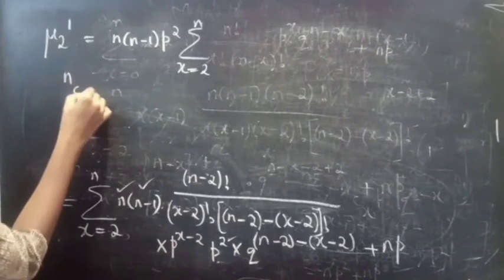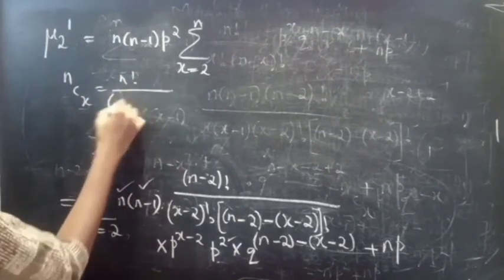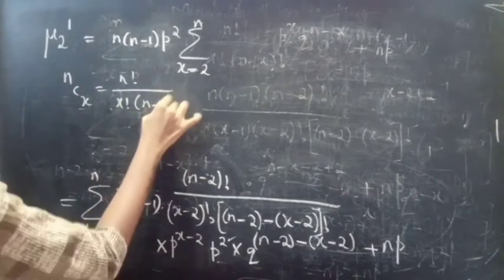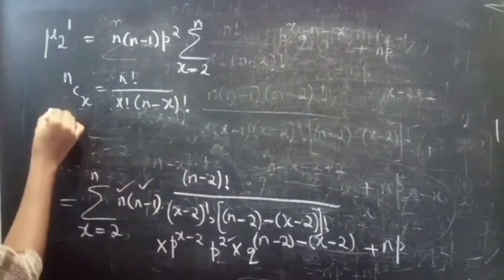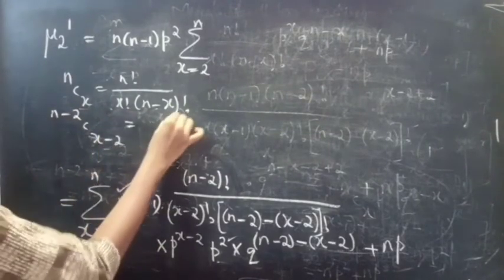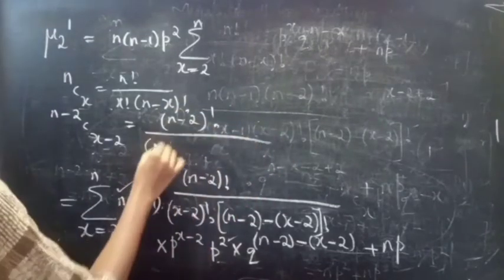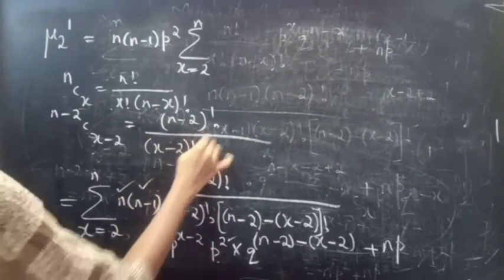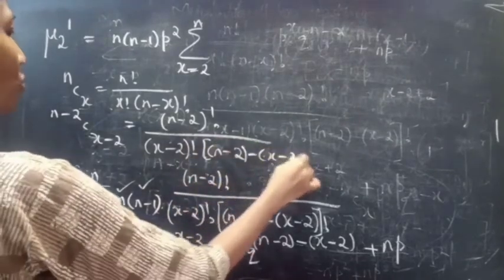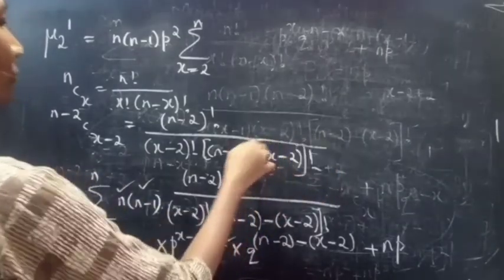If nCx can be written as n factorial by x factorial into n minus x factorial, then what could be n minus 2 C x minus 2? You can also write it as n minus 2 factorial by x minus 2 factorial into n minus 2 minus of x minus 2 factorial. Is it clear?